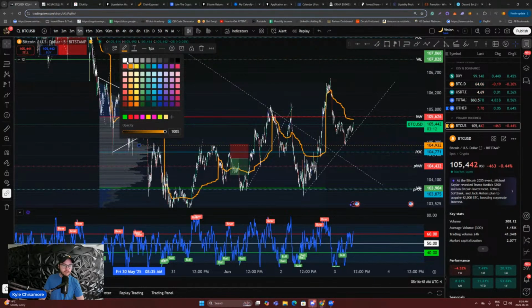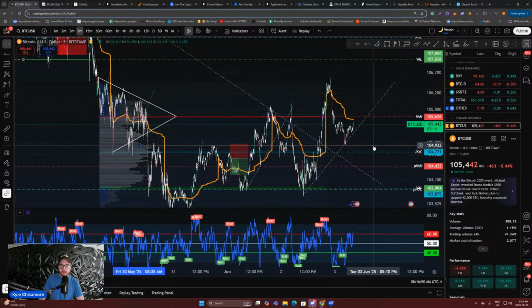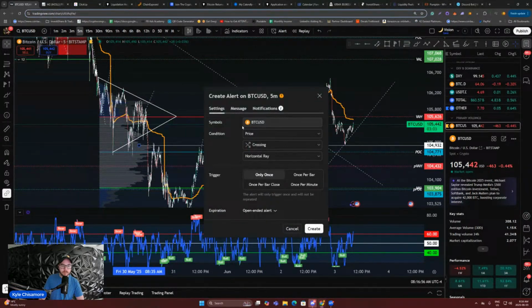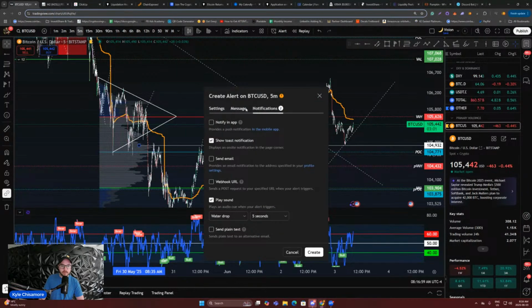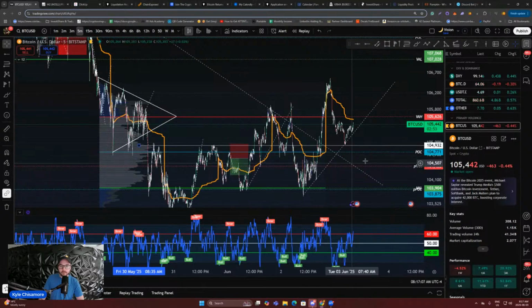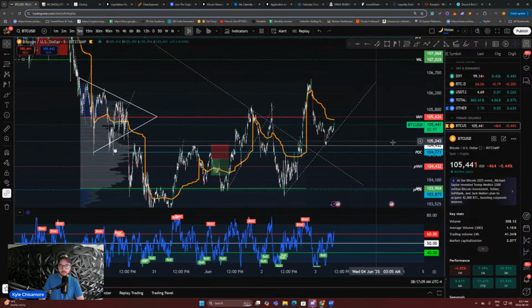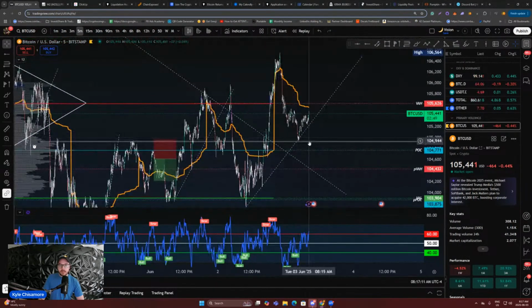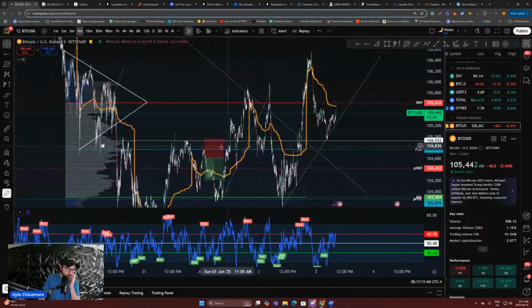Let's make it white. And for notifications on these, I normally set once per bar close. Or no, only once, sorry. Okay, cool. I know it's a little early for that alarm, but I just want to show you guys an example.